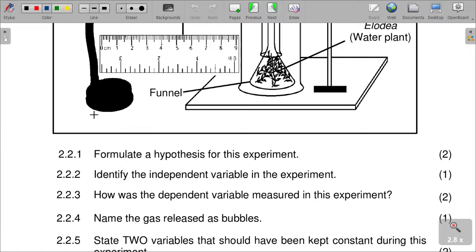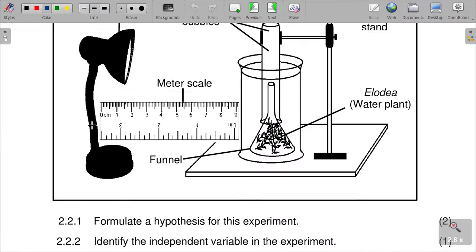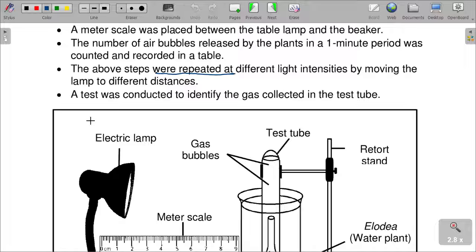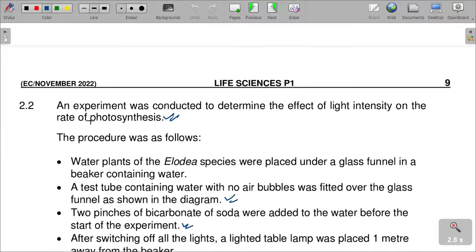So in this case, the investigation is done, and we need to look at this to say what can be the hypothesis. The investigation was conducted to determine the effect of light intensity on the rate of photosynthesis. So your hypothesis is an answer that is in line with that.